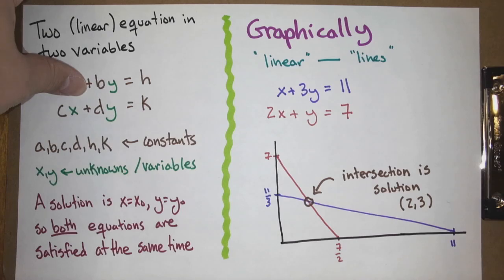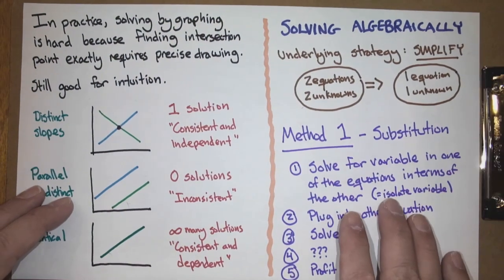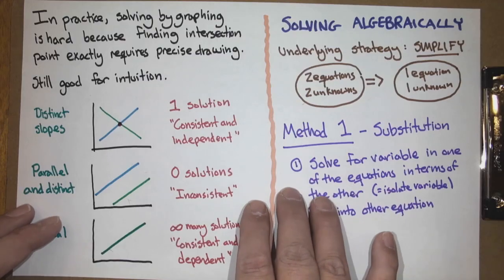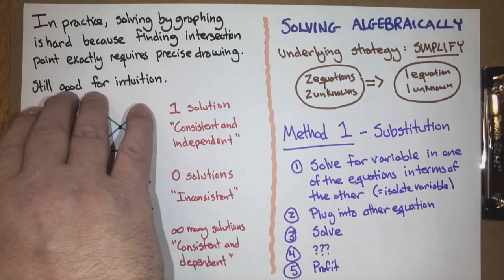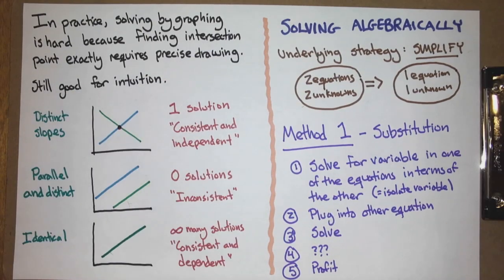All right. Well, as I've already said, in practice, solving by graphing is hard, but it's still good for intuition. So we can talk about, what can we say about solutions? There's a couple of things that can happen. If our lines have distinct slopes, what do we get?